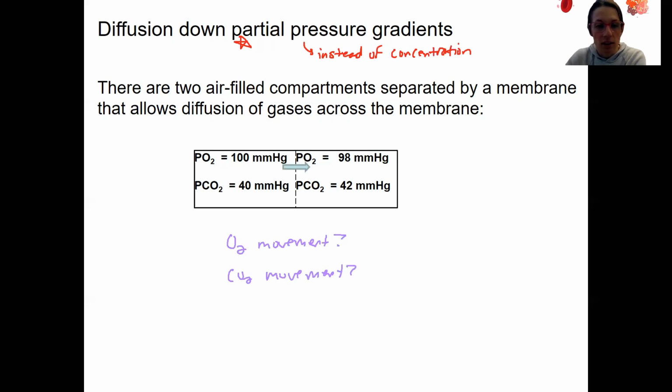So that is that way for oxygen and that way for carbon dioxide. Easy peasy. We're going to use this idea when we get to oxygen diffusion, both at the alveoli into the bloodstream, and same idea, bloodstream going to your cells of your body that need oxygen and to get rid of carbon dioxide.